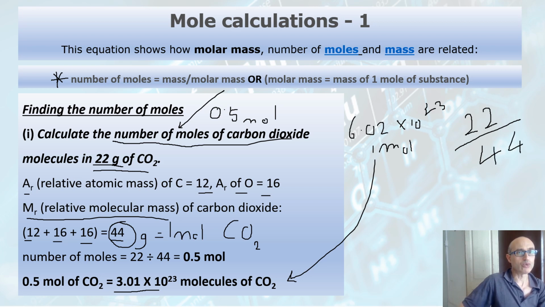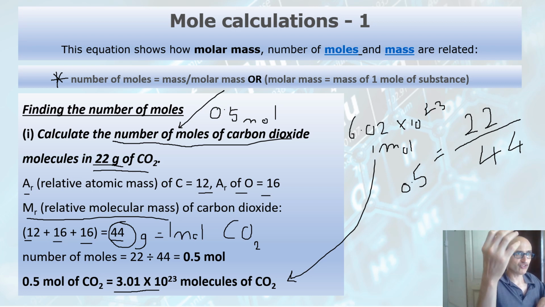So the number of moles I have is 22 on 44, and that works out to be exactly 0.5, okay? So you can also use the equation, but do reason it out in the way that I did it over here. Now the best thing to do is to replay the slide, replay it very slowly. That is why I've marked up every part of the calculation in order for you to better understand it. In extremis, if you don't understand it at this stage, there are other calculations I'm including to help you along the way.